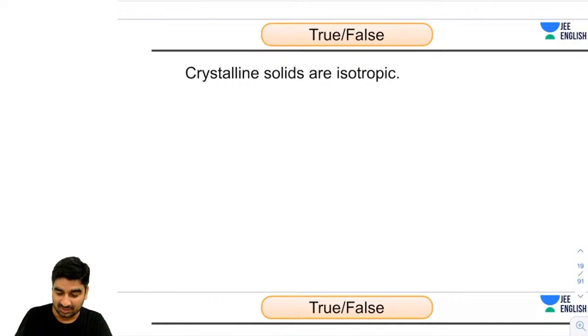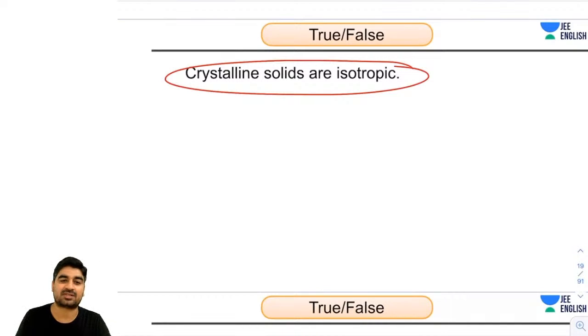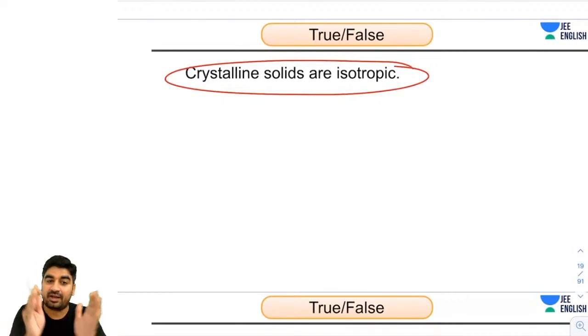So guys, I told you in the first class, crystalline solids have different properties in different directions. Right? Crystalline solids will have different properties along different directions.